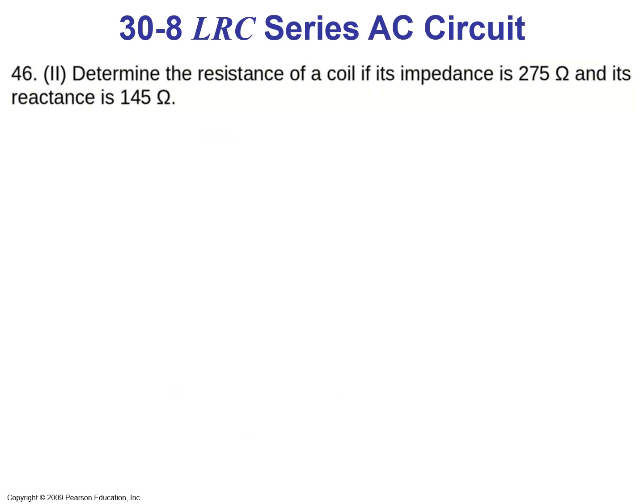Alright, let's look at a couple of examples. First, problem number 46 in the book. Determine the resistance of a coil if its impedance is 275 ohms and its reactance is 145 ohms. So we use equation 30-28c. When there is no capacitive reactance, the impedance Z is equal to the square root of R squared plus the reactance of the inductor, XL, squared.